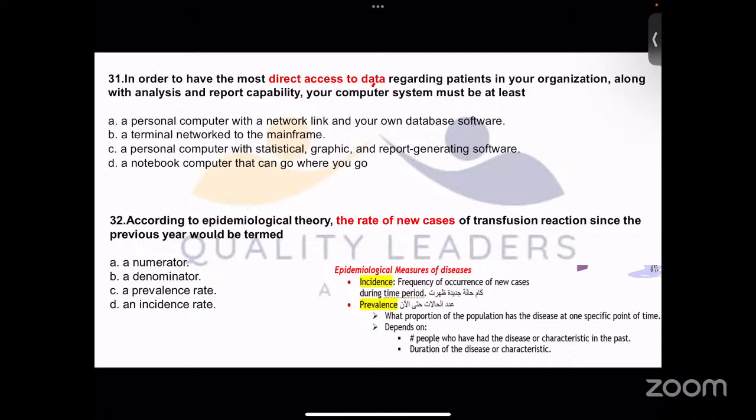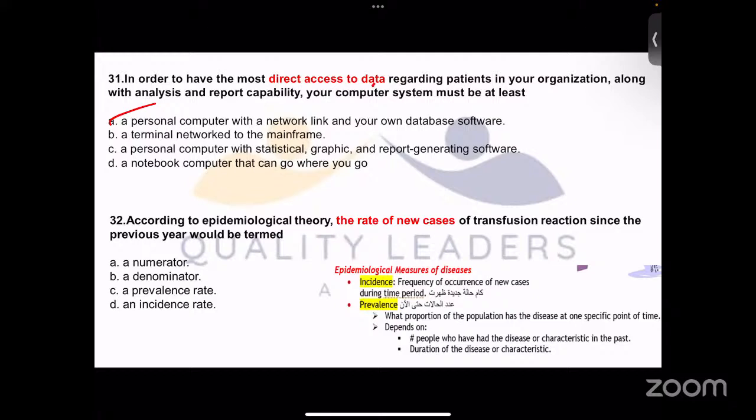So what do doctors have? The doctors have a personal computer with a network link and your own database software, which allows the administration to collect data from all devices and generate reports.